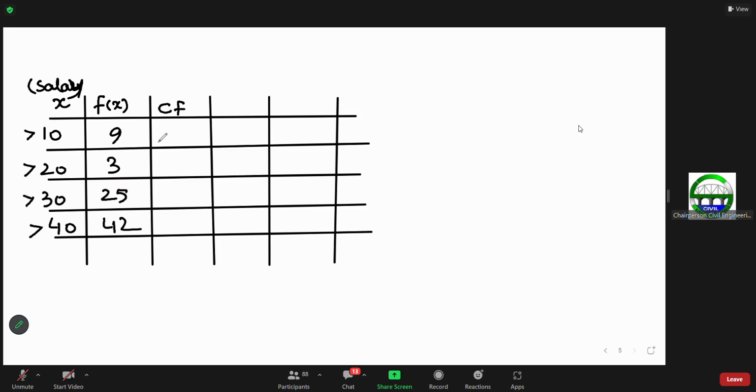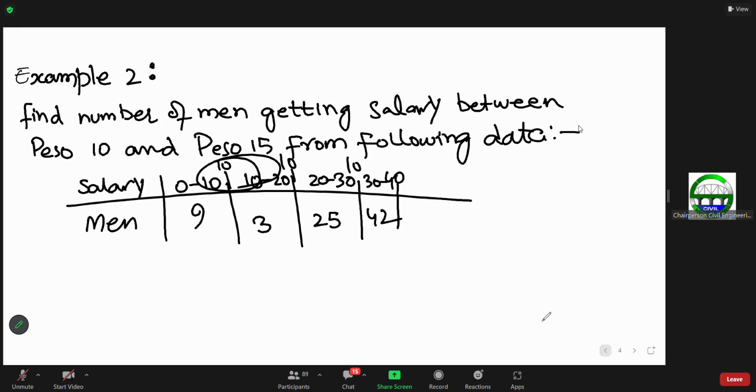So the cumulative frequency will be here 9. Then you will add this one, 9 plus 3 is equal to 12. 12 plus 25, how much is it? Let me correct.